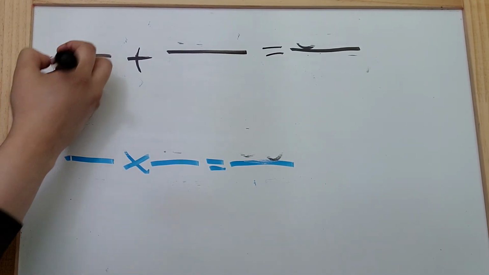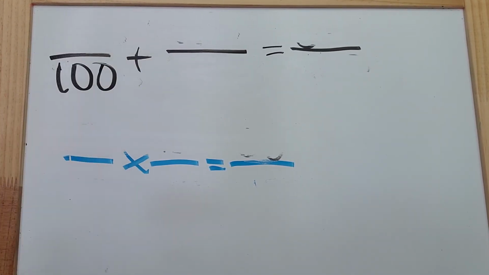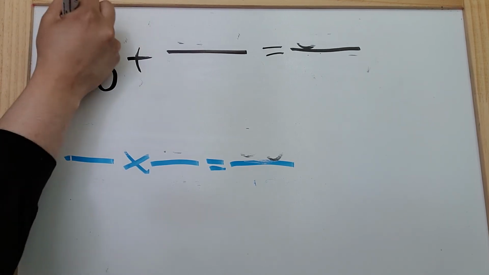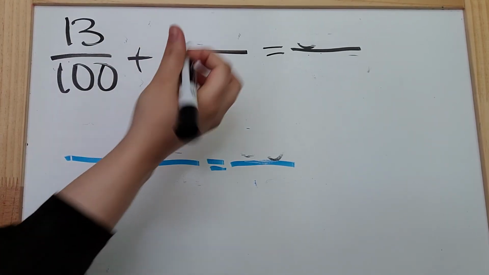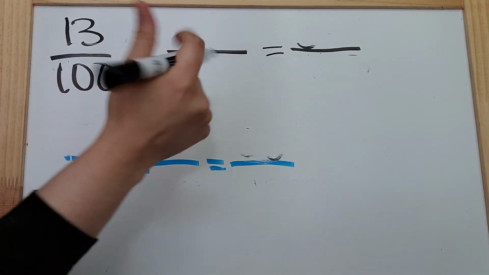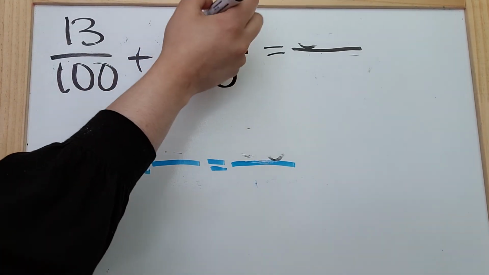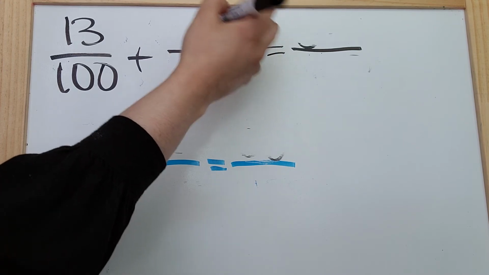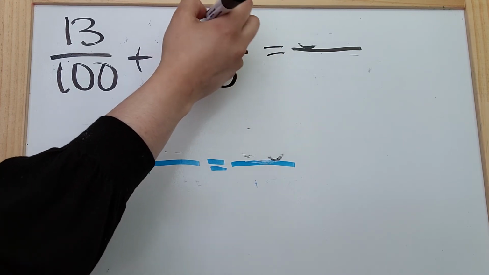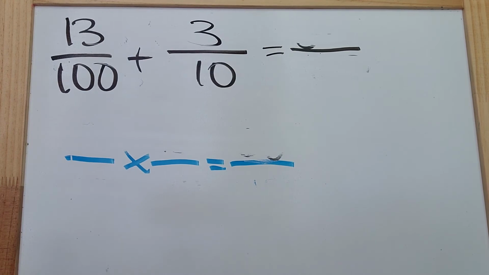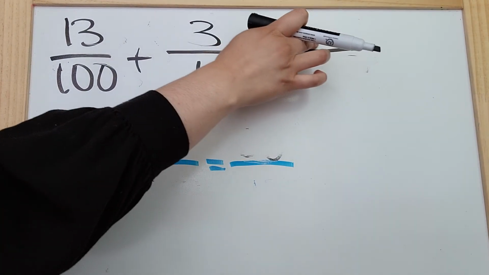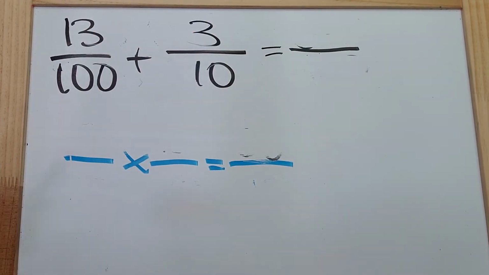Now this time let's change the rules. Let's say we start with 13 hundredths and we have 3 tenths.